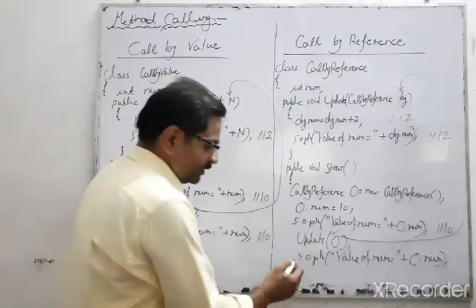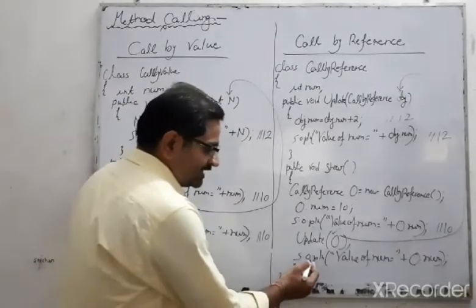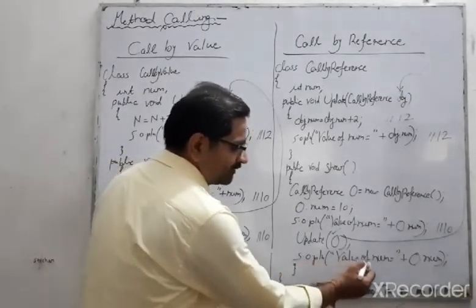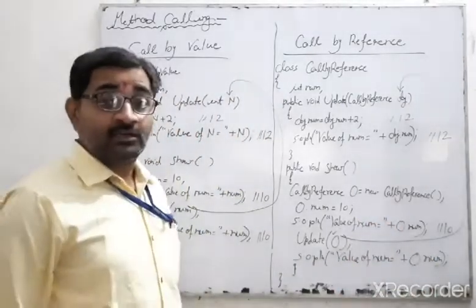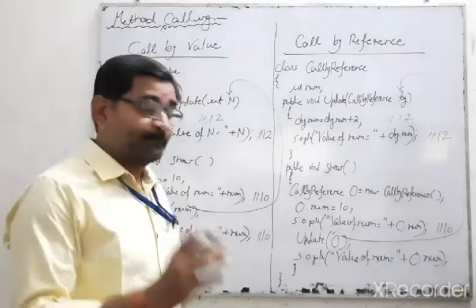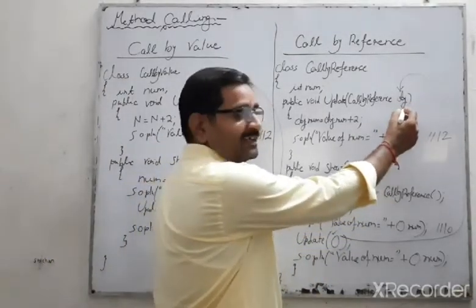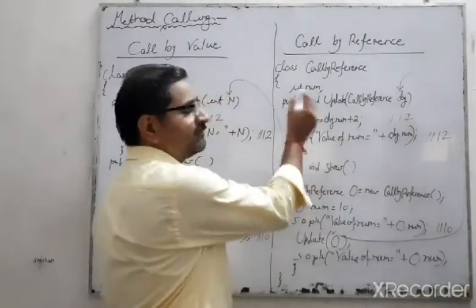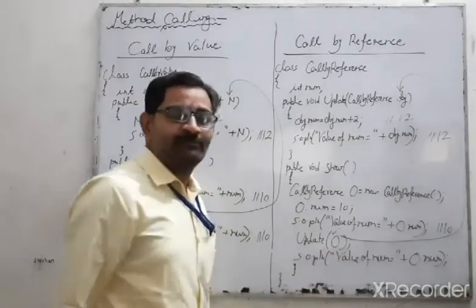Now when you come back to the show function, you see System.out.println, value of num is equal o.num. Here you have to be very careful, since this object has updated the value of num, and this object is a reference of the object o.